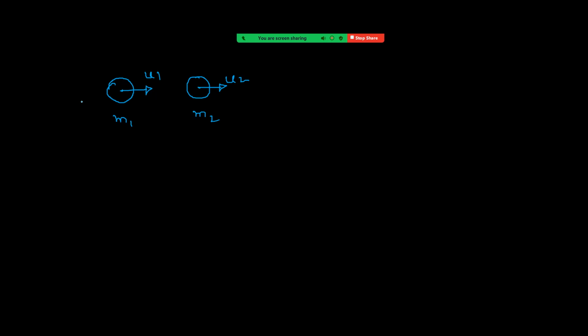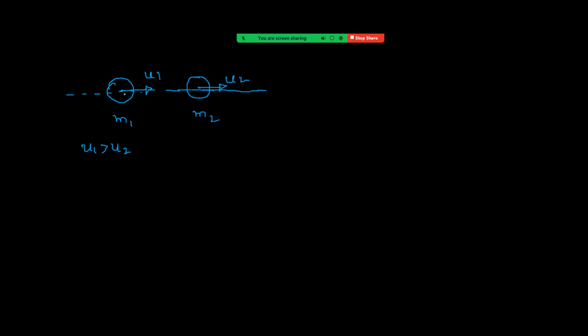Let us take their velocities along the same line, let us call it the x-axis. You can see here, if you want to have a collision in this diagram, the condition is u1 should be greater than u2. Then only a collision happens.